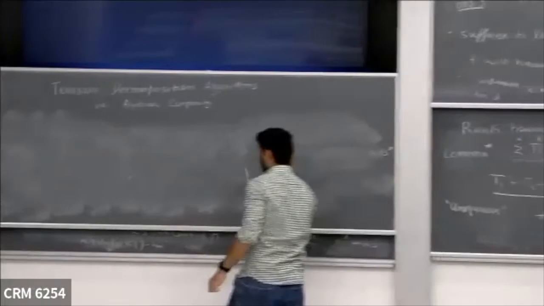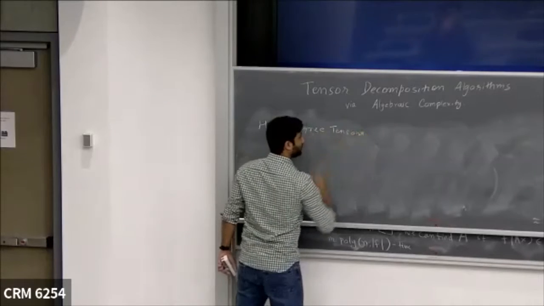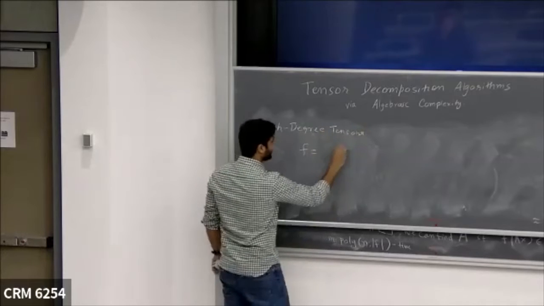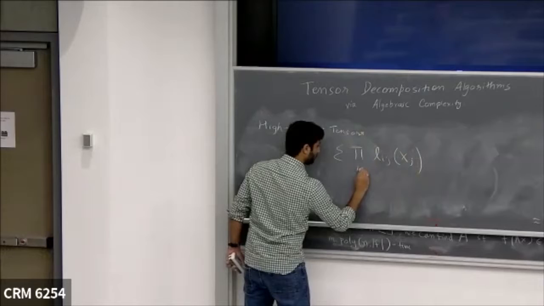Okay, so how do you proceed? I'm just giving a sketch of how we learn the high degree case. So we have, I'll call it a tensor but write a circuit, where j goes from 1 to d.